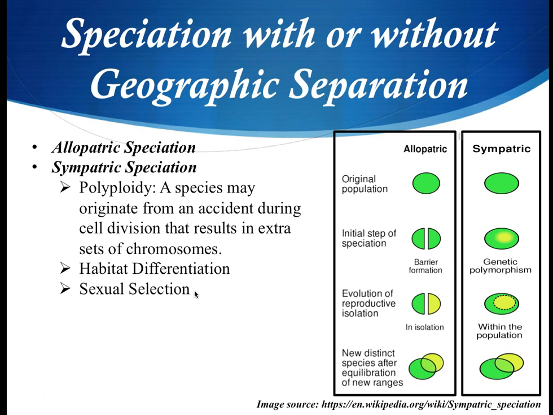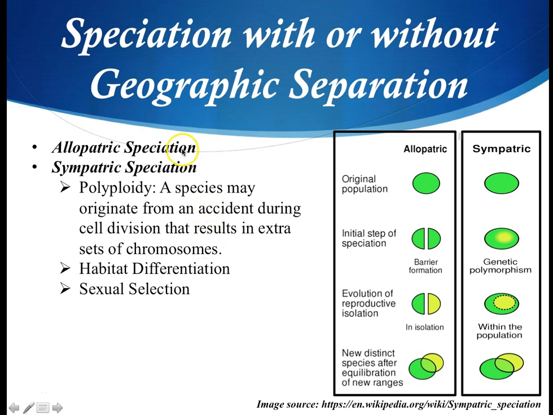While sympatric speciation is absolutely the opposite of allopatric speciation. Sympatric speciation is the process through which new species evolve from a single ancestral species while inhabiting the same geographic region.